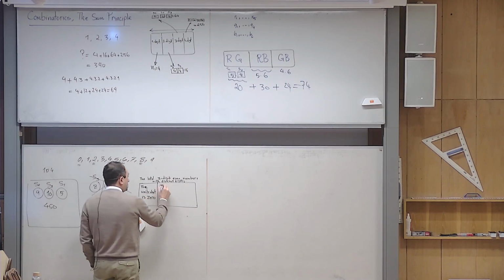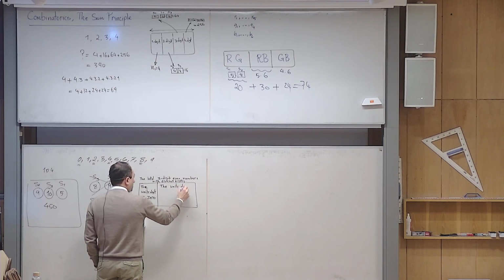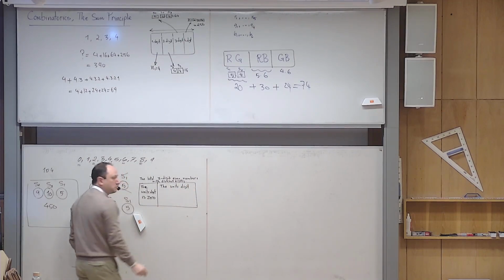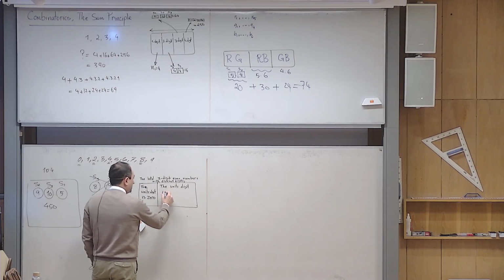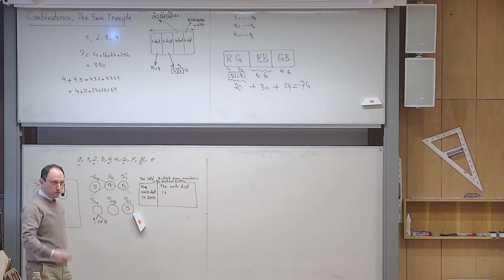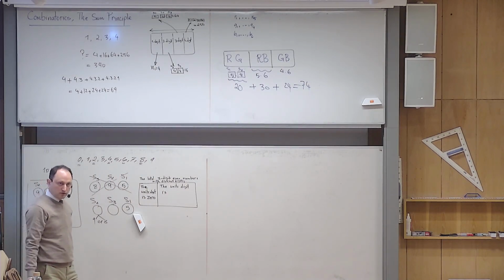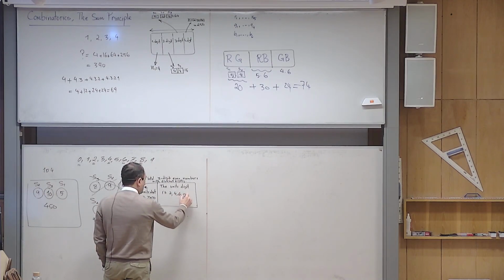The units digit is what? Non-zero in this case means what? The units digit is non-zero and even. So it means 2, 4, 6, 8. Yes? 2, 4, 6, or 8.